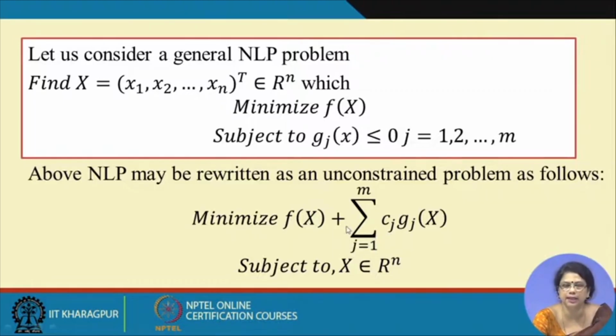Through the Kuhn-Tucker conditions, we can get the solution for this problem. But the interior or exterior penalty function methods do not use Gj(x) directly, they use a function of Gj(x). There is one set of functions for the exterior penalty function method, and another set of functions of Gj(x) for the interior penalty function method.